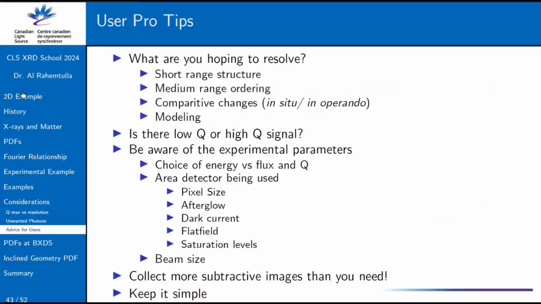And then finally, keep it simple. Because every little setup change is going to probably change some of your backgrounds and things like that. Finding a good middle ground for all these things is probably your best course of action. So if you're looking at a lot of things, we're interested in long range ordering, short range ordering.